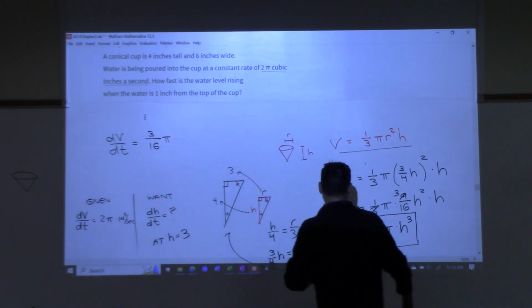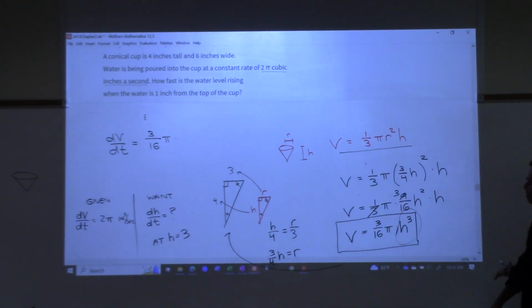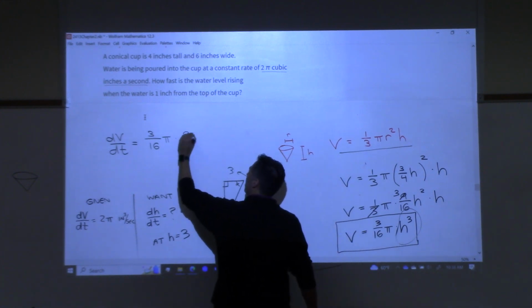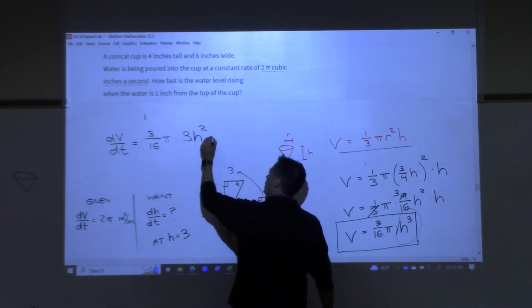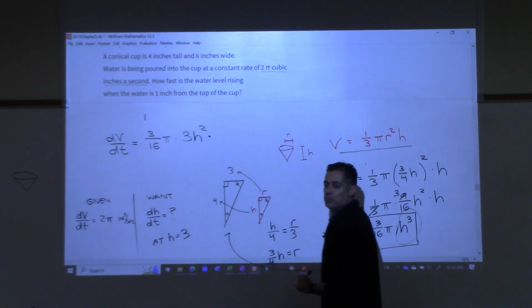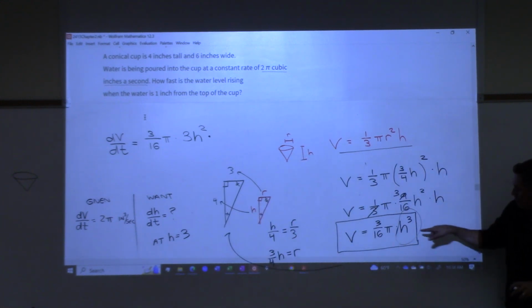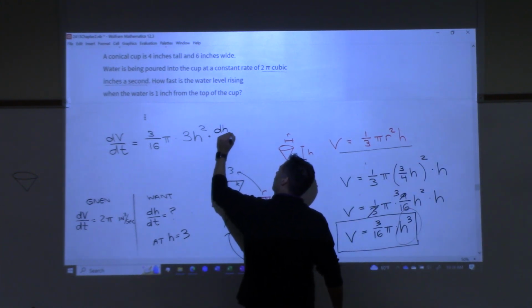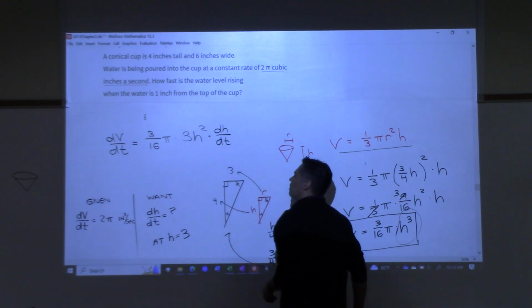Times. Now, the derivative of h cubed with respect to t will be 3h squared, right? That's just your power rule, times, now your chain rule, derivative of h itself, dh/dt. Follow?